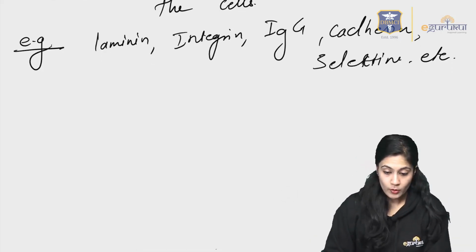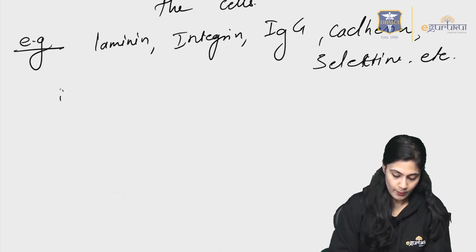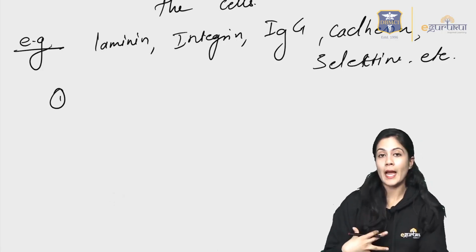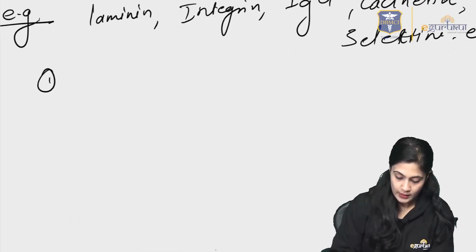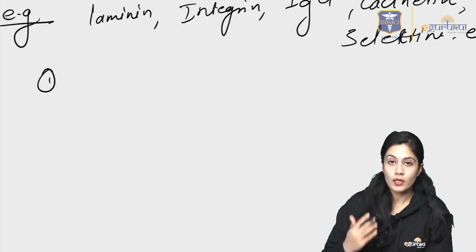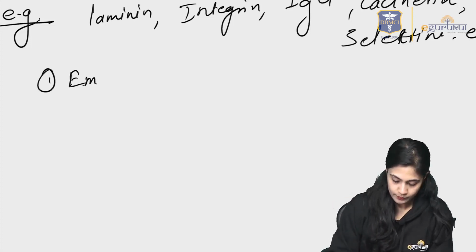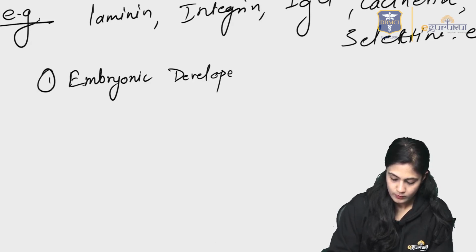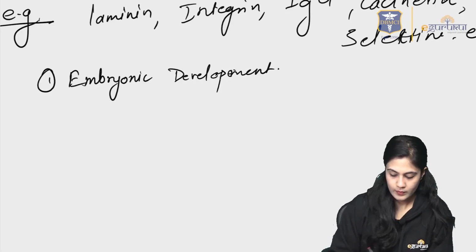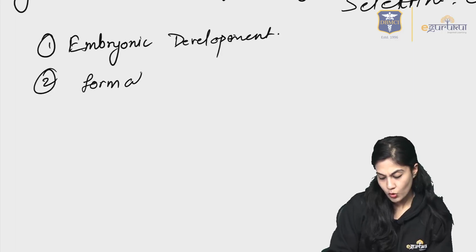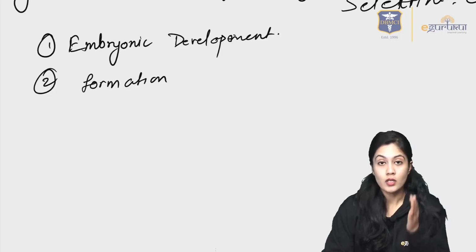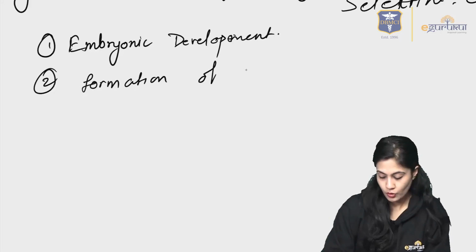Let's discuss where they are important. What are the functions of CAMs, and what is their significance? Basically, they are important in embryonic development, as well as in the formation of the most important structure, your nervous system.